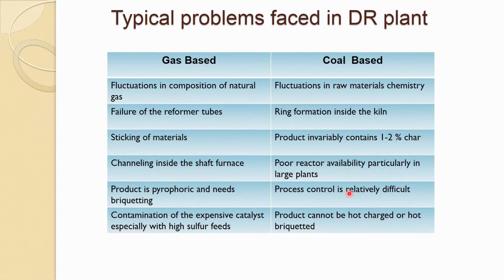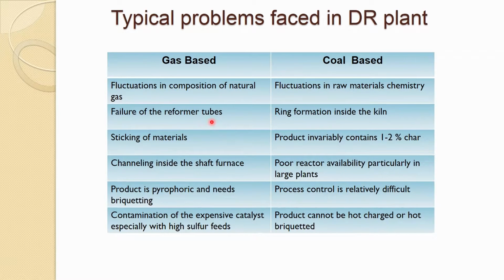So, typical problems faced in DR plants. Usually in the gas based you have a fluctuation in composition of natural gas. So, sometimes it becomes difficult to maintain the right composition, always some fluctuation is there. So, one has to be quite careful in that and keep on checking the composition.